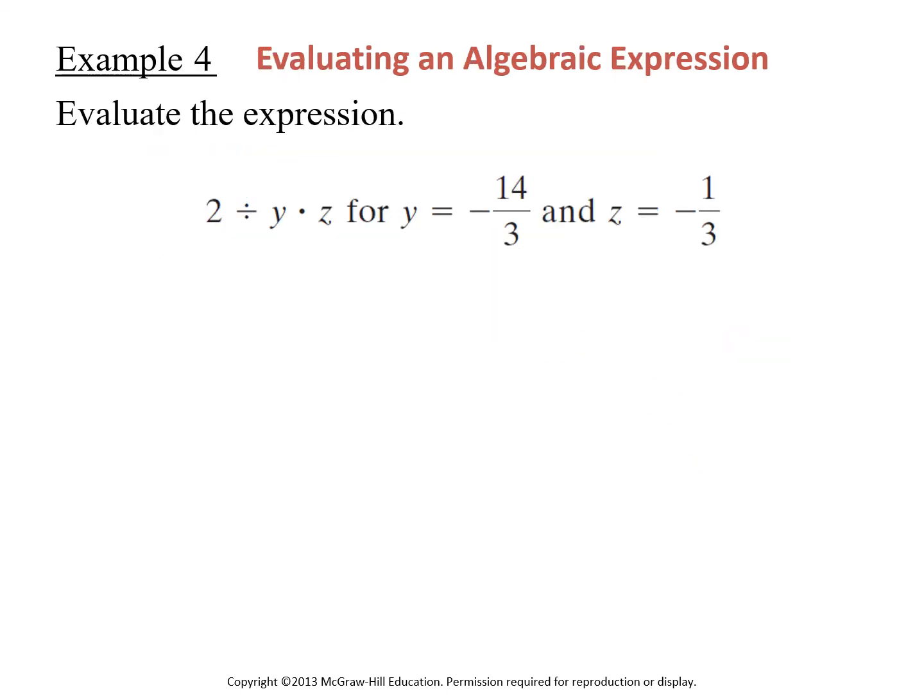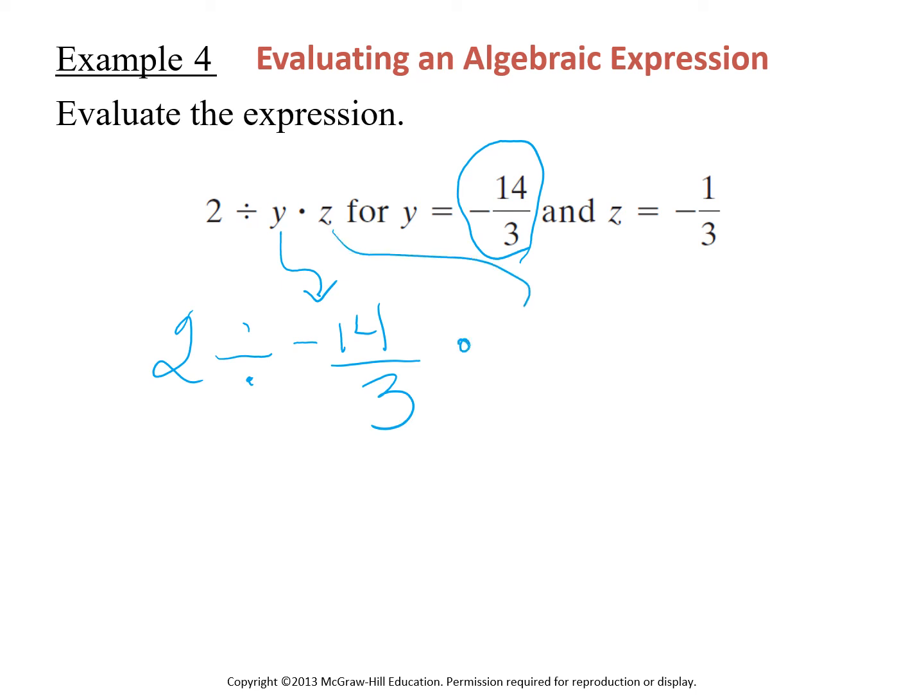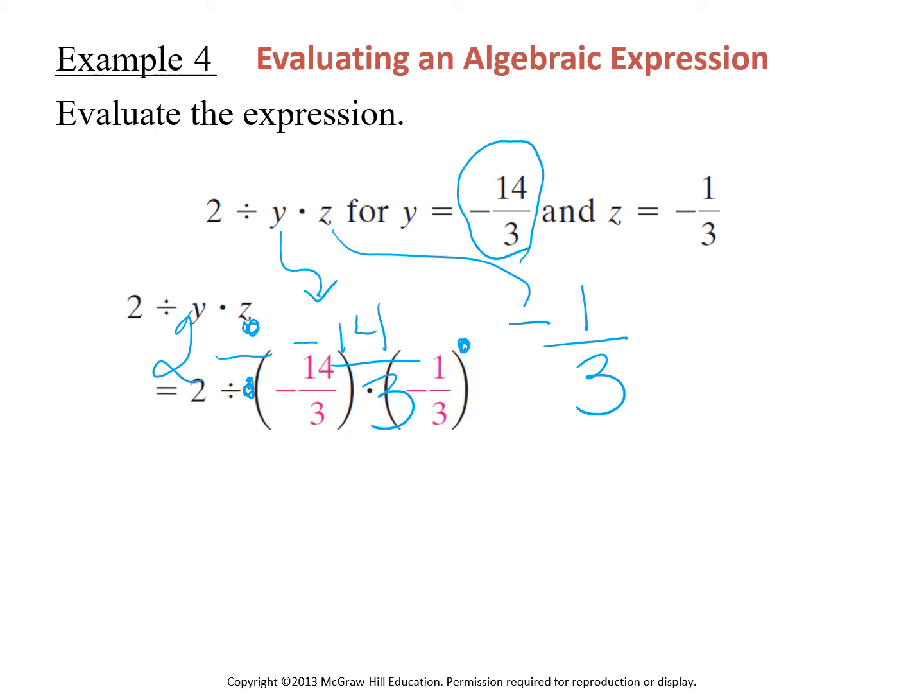Okay, when we evaluate an expression, we plug in the value for the variable and we follow the order of operations. So we have 2 divided by y, and y is negative 14/3. And then we're going to multiply by z, so that's times negative 1/3. So following the order of operations, we go in order and we divide and then we multiply.